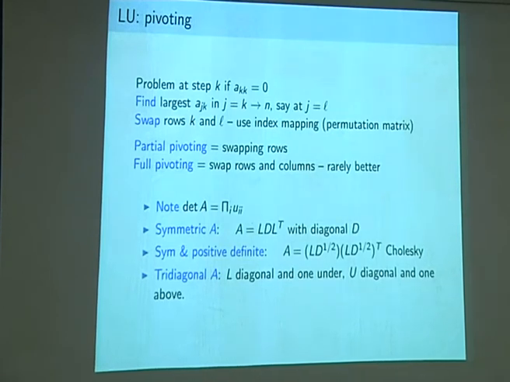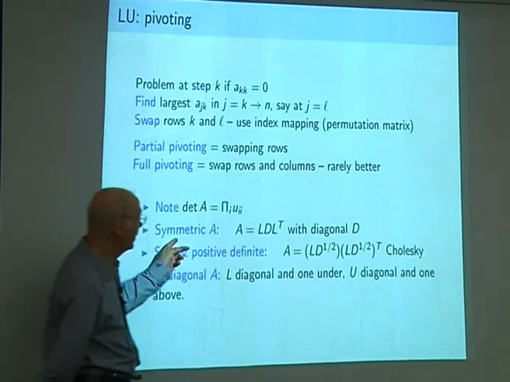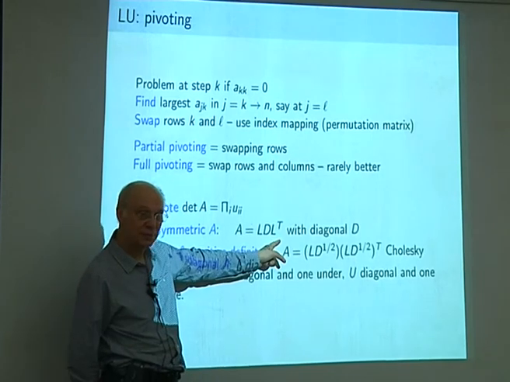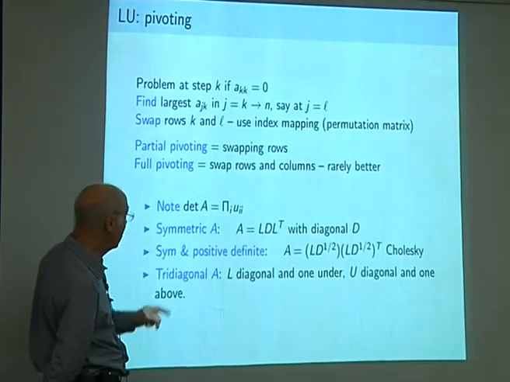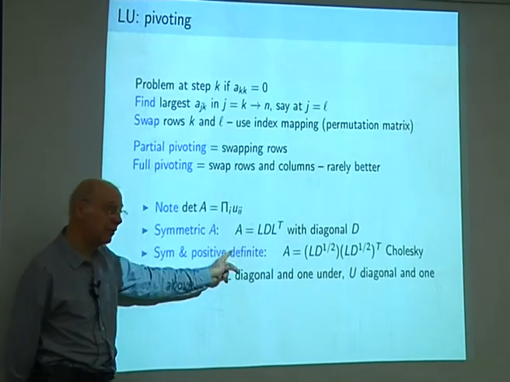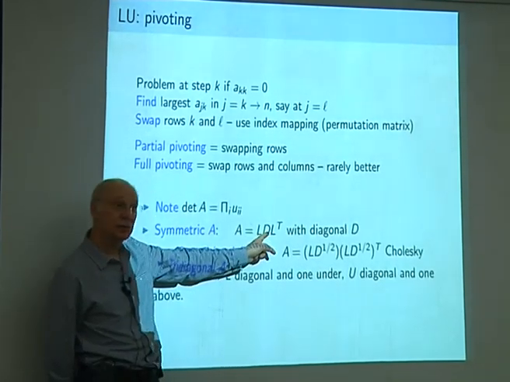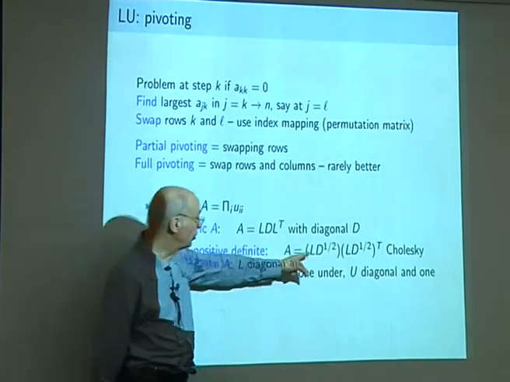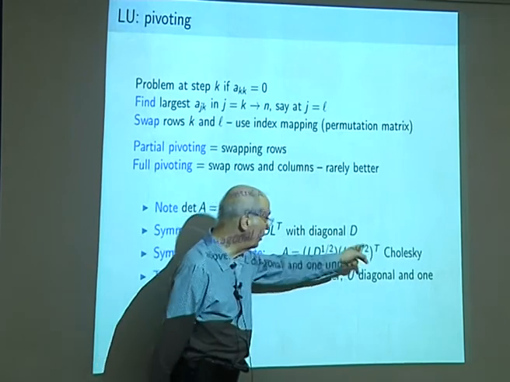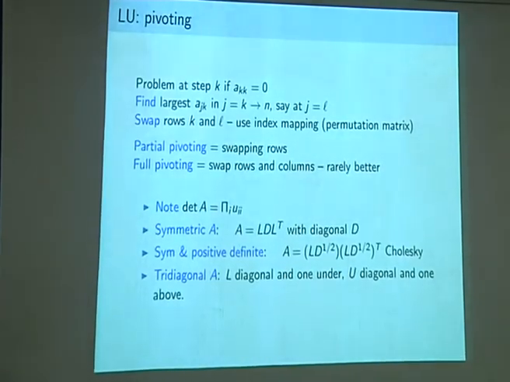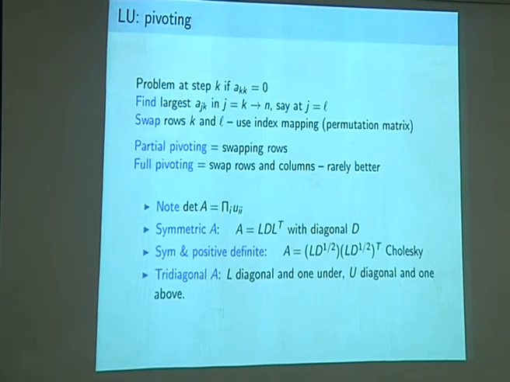Okay, if the matrix happens to be symmetric, then it turns out that U is a diagonal times the transpose of L. And if the matrix is symmetric and positive definite, it guarantees the diagonal terms are positive, so I can take the square root of them, and I can put a square root on one and a square root on the other, so I can say A is one matrix times its transpose, and both of them are triangular matrices.